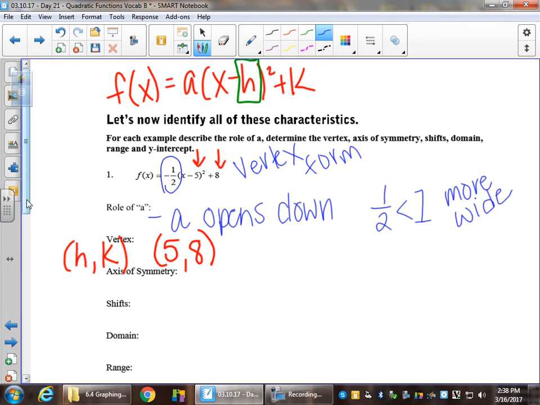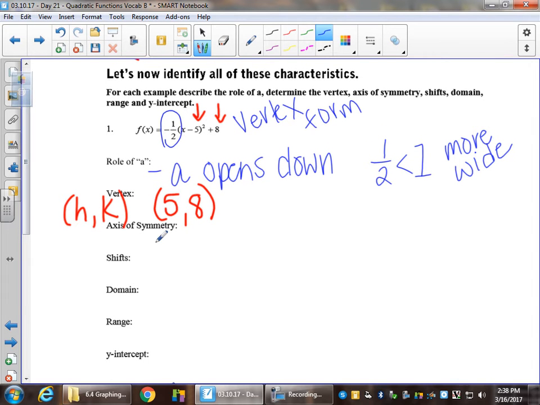Our axis of symmetry, if you look back into the definition of this in our notes, it's the x value of our vertex. If our vertex is 5, 8, our x value is 5. To describe the shift given our vertex in words, we are going right 5 and up 8. This motion is always going to be left and right. This is always going to be up or down.